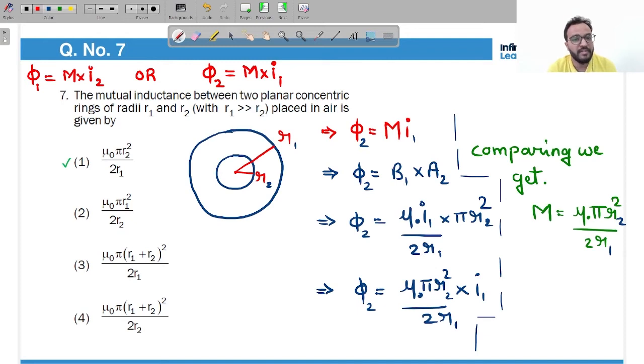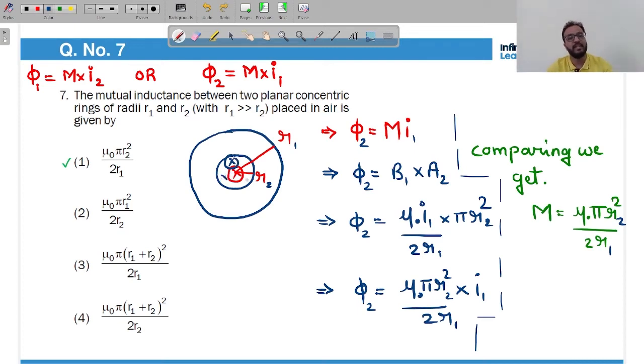See, the problem is we can find out the flux through the small coil. Why? Because the magnetic field at the center of the larger coil, we know the formula for that, okay? And it will almost be constant everywhere in the plane of the smaller coil, right?